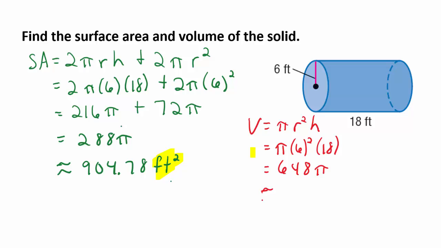And that's going to be approximately 2,035.75 feet cubed. Again, feet cubed. It's a volume. Surface area is feet squared. Volume is feet cubed. Those are going to be the two answers for the surface area and the volume of this cylinder.